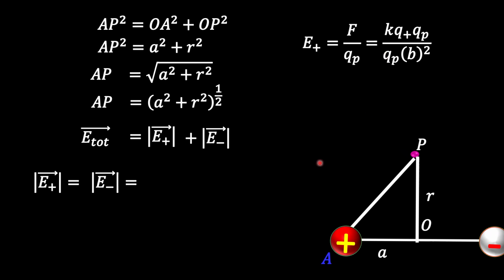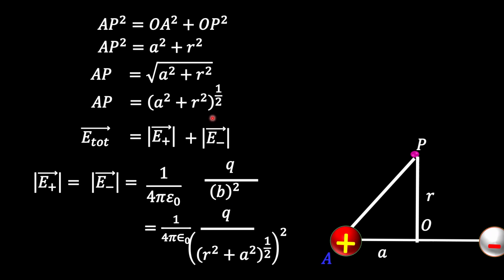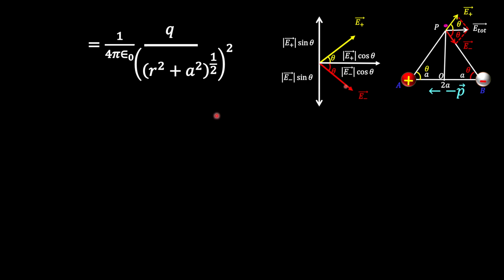K value we can substitute as 1 by 4 pi epsilon naught into Q by the distance between the two charges. The distance between the two charges is a square plus r square all to the power 1 by 2, that is whole square. In the denominator, see the power values, that is 1 by 2 into 2. We can cancel this 2. We get the magnitude of E plus vector or magnitude of E minus vector.